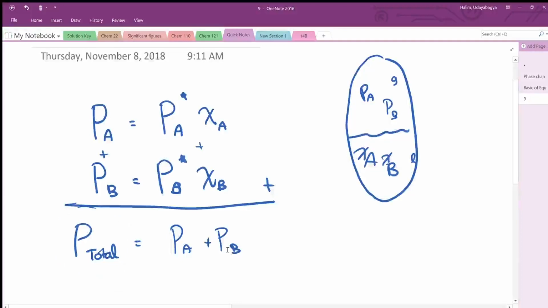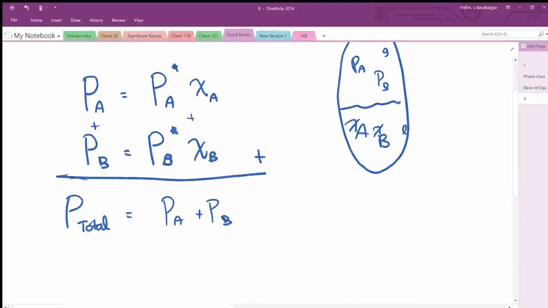But the partial pressures of A and B can be written as the pure vapor pressure of A times the mole fraction of A, plus the pure vapor pressure of B times the mole fraction of B. Now, we still have too many variables because we have mole fractions A and B. We have to make it a bit simpler.